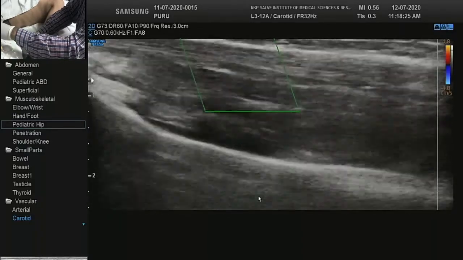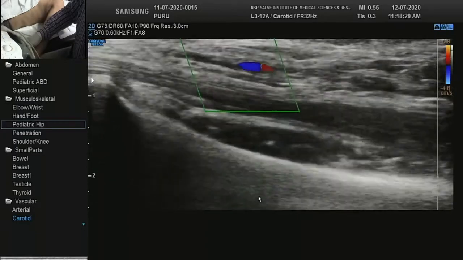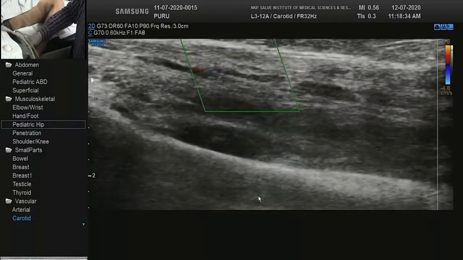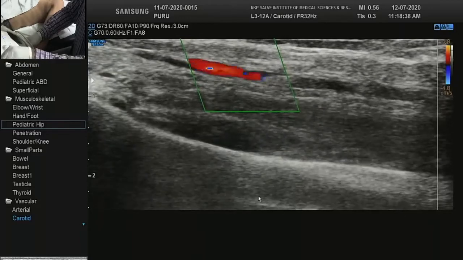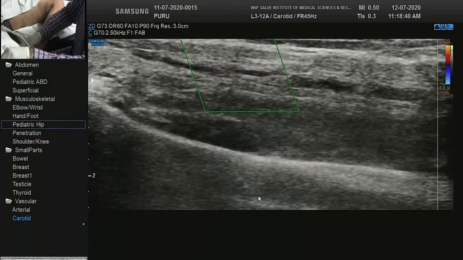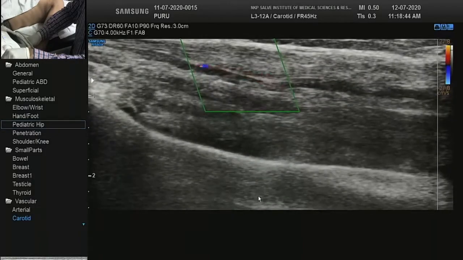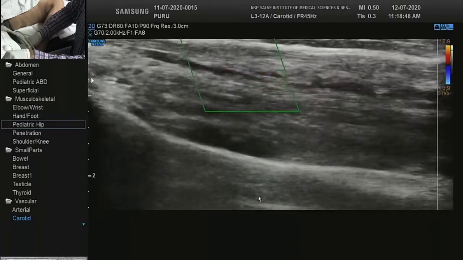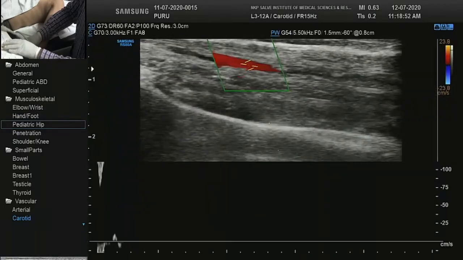The artery is quite small in this patient, and that has come up. So what was happening? Our scale was too high, so we were not able to pick up nicely. Our gain was low, so we have adjusted that, and you can see the ulnar artery. Now we have found it.